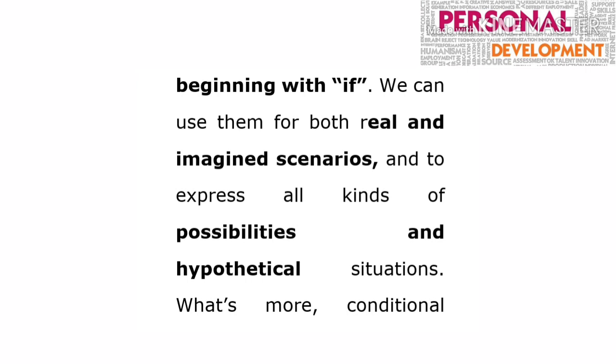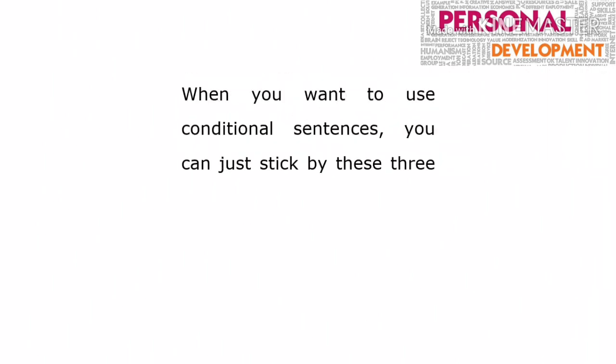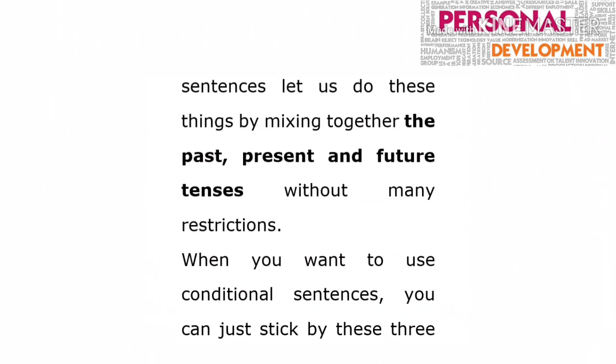We can use them for both real and imagined scenarios and to express all kinds of possibilities and hypothetical situations. What's more, conditional sentences let us do things by mixing together the past, present, and future tenses without many restrictions.